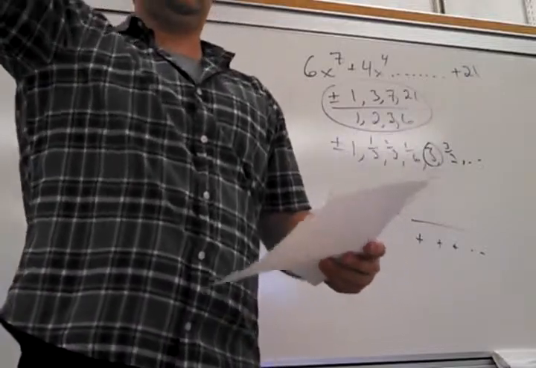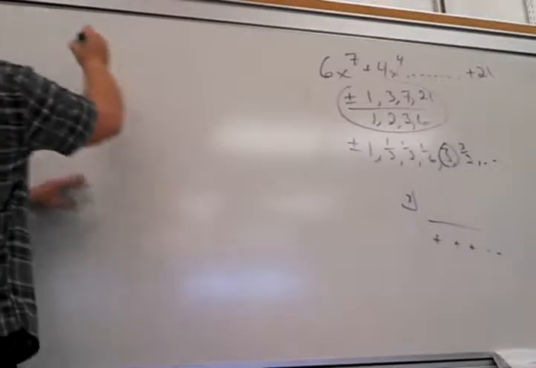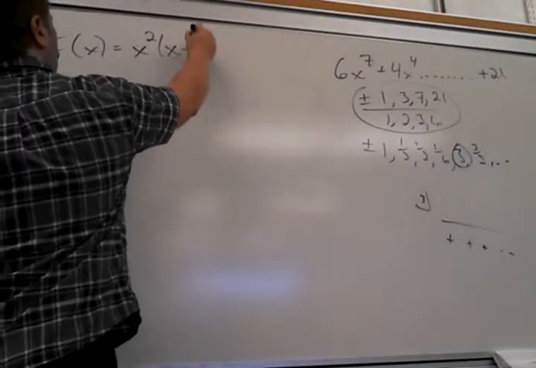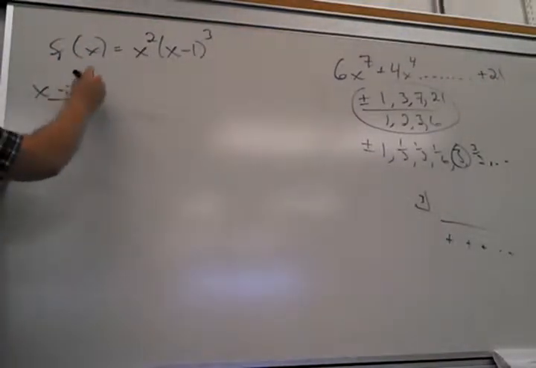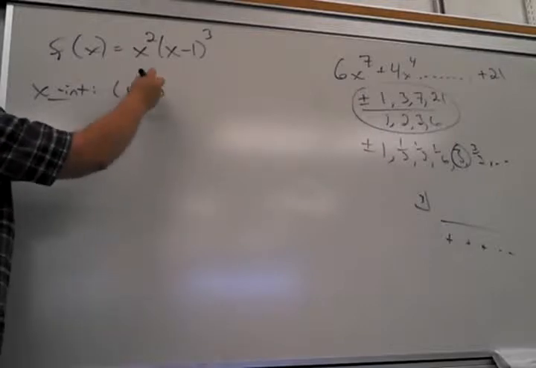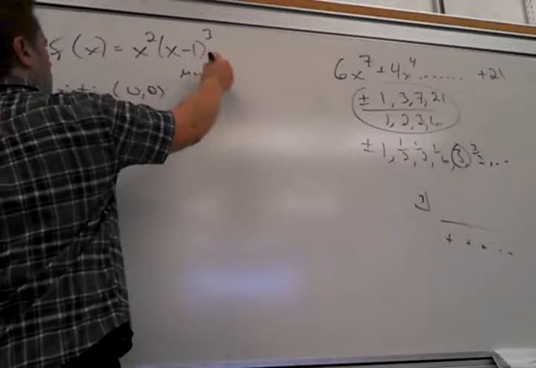Do you go over those rules real fast? Yeah, so if I had squared, it turns; if not, it goes through, right? What are my x-intercepts? 0 and 1. And what's the multiplicity at each?